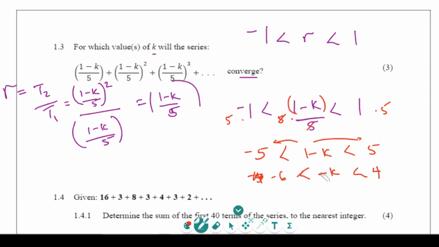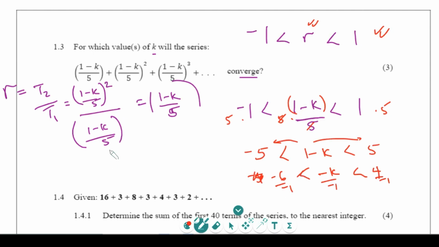Then I need to eliminate this negative sign, because whenever I'm getting the values in this format with this condition, I have to make sure that the letter is only left in the middle without anything else, not even the negative sign. So when I divide by the -1 on each side, remember, if we are dealing with inequalities and you divide with a negative sign, the inequality symbols will have to change.